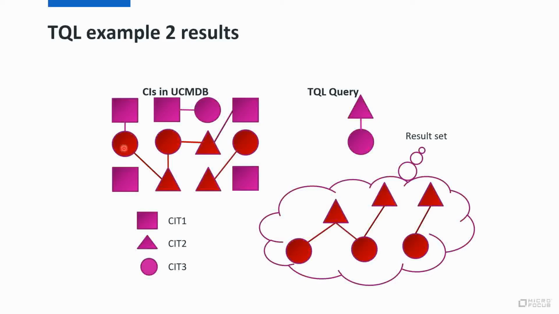Then we do a merge in memory of the same CIs so that, for example, this triangle is connected to 2 circles, not that we show 2 triangles which are the same representation of the same object connected to 2 separate circles. That would confuse the user so that they would believe that perhaps there are duplicates in their database. So we do get the discrete result sets and then merge them before we present them to the user.